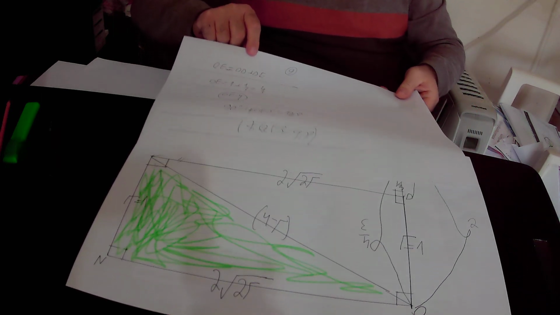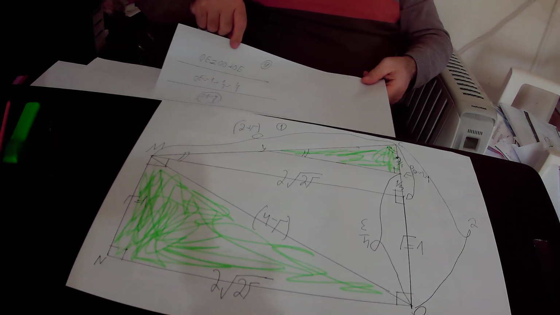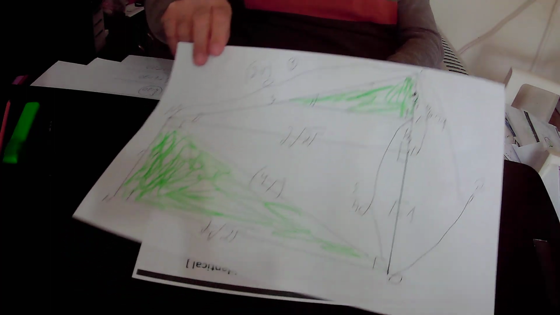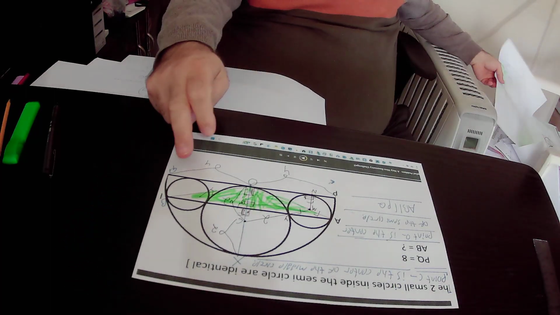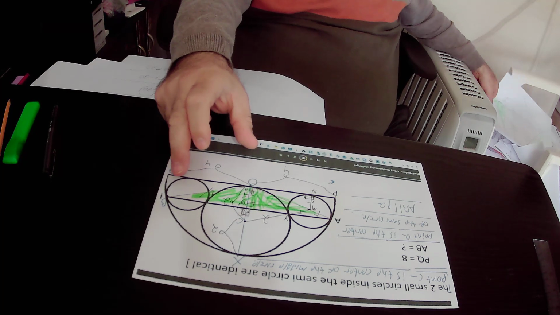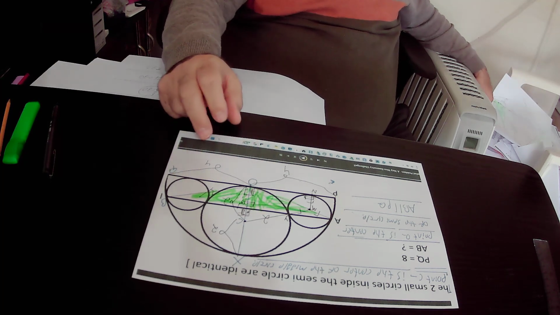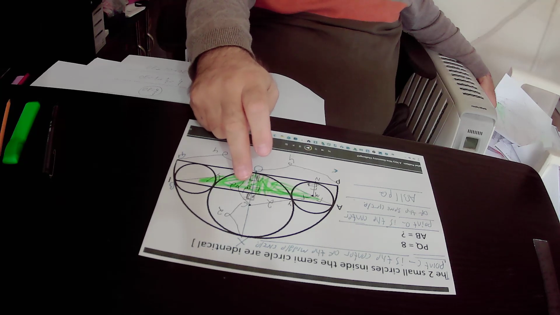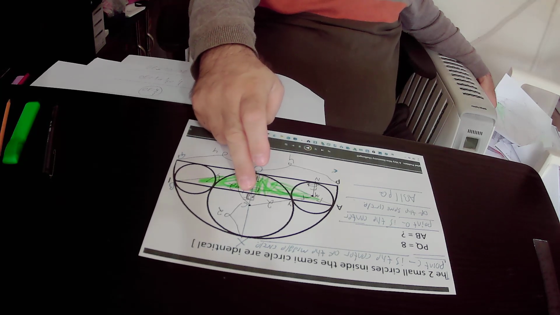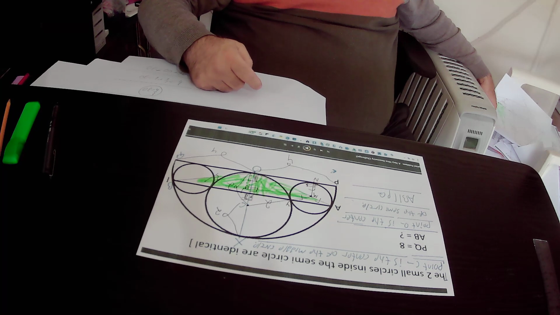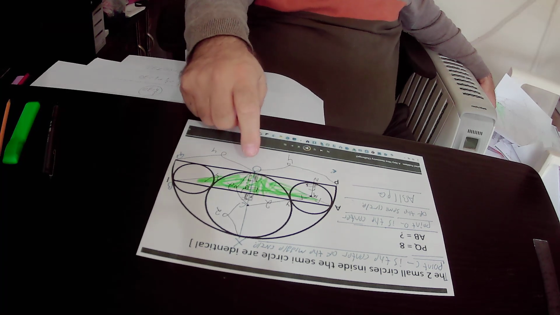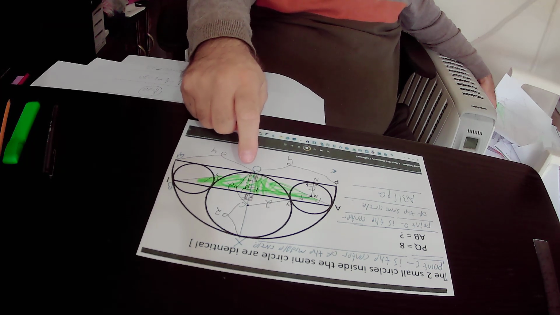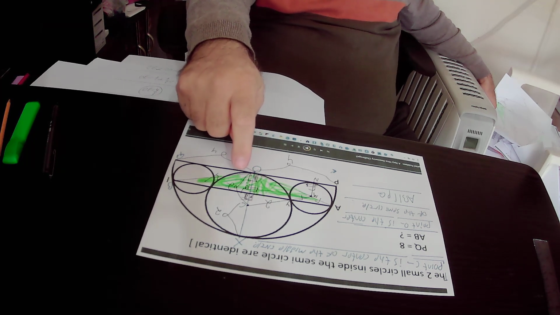And then we connected points O and B. We joined points O and B by a straight line, and we calculated the size of angle OEB. We found the value of this angle according to the rule that the sum of the angles on one side of a straight line equals 180 degrees.